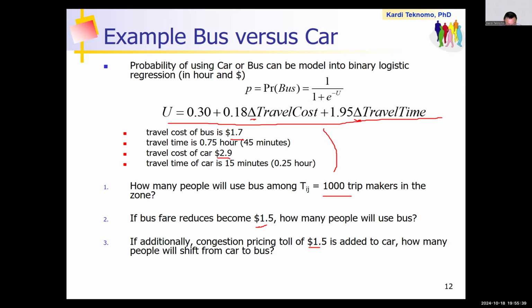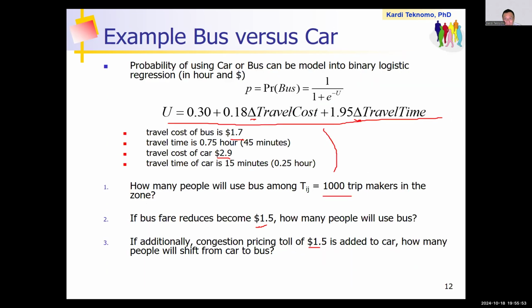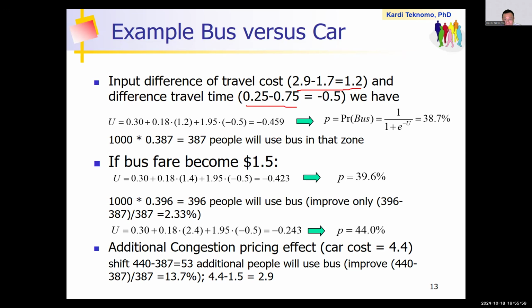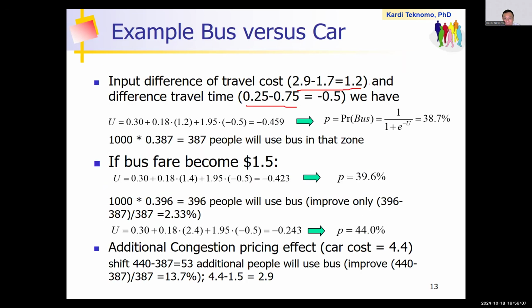That's the entire idea. So what you need to do is compute the difference in the travel cost and the travel time. A while ago, you have 1.7 and 2.9, so the difference is 1.2.